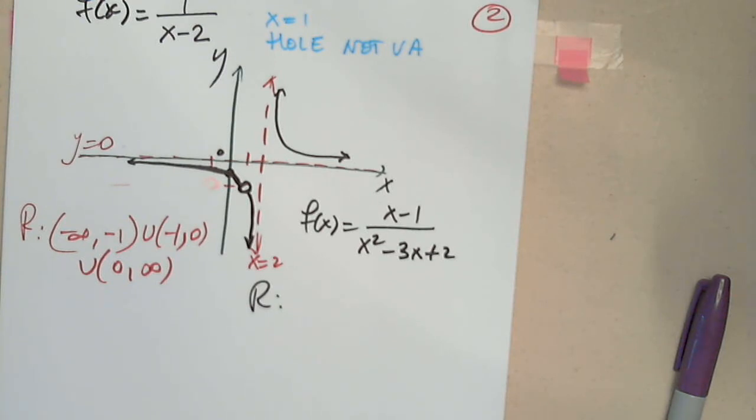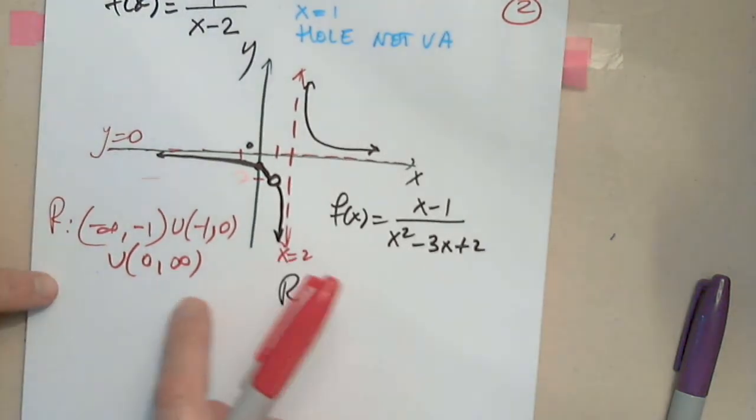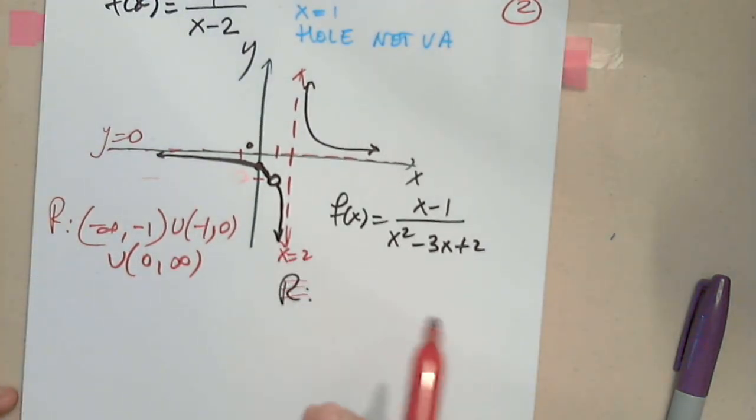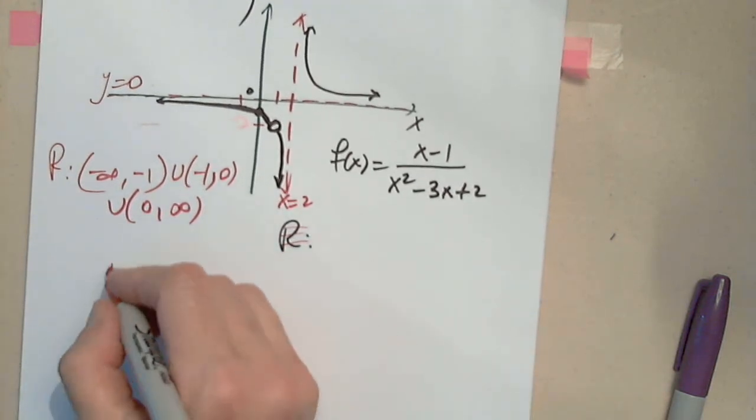Any questions? No. Okay, so that's the range. I don't know why I didn't put it here. Sorry about that. Okay, finally, type 3.